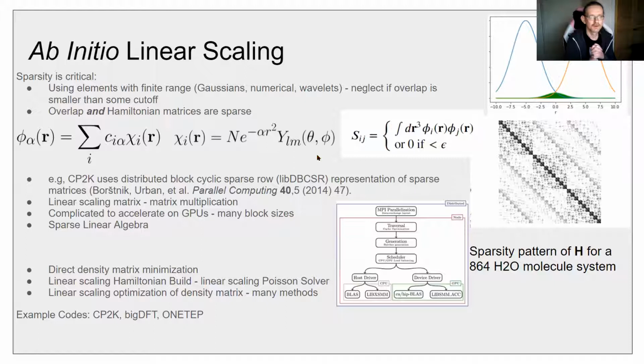But as far as work in a computer is concerned, we can set some threshold, some epsilon, where below some value we consider the value of a Gaussian to be zero, and then there will only be overlap between basis functions when the centers are within a certain distance. It's going to depend on the exponents of the Gaussians.